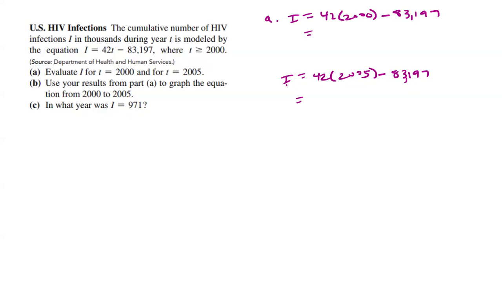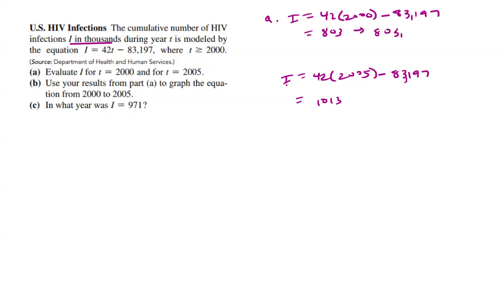Okay. So when we do that for 2000, we get 803 here. Okay. And then for this one, we get 1013. Now it tells us I is in thousands. So technically this should be 803,000.